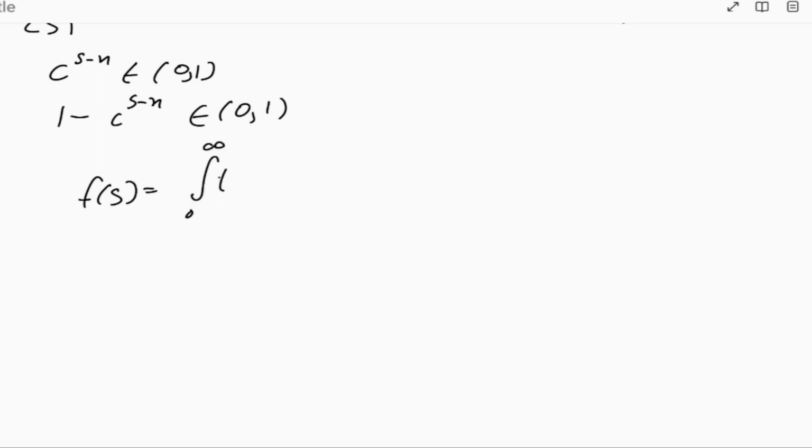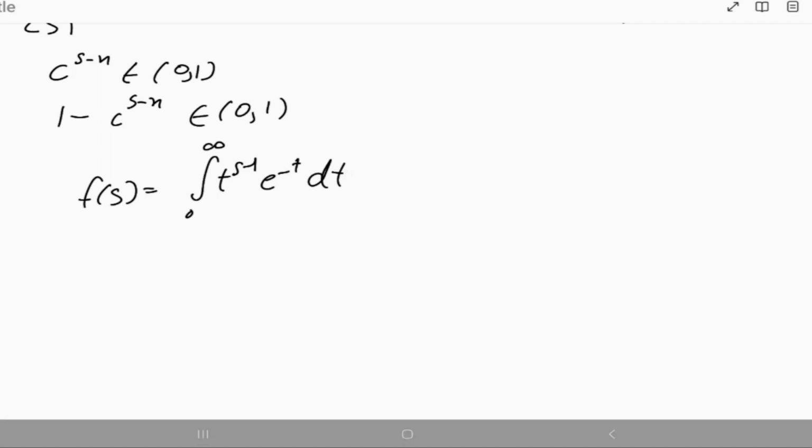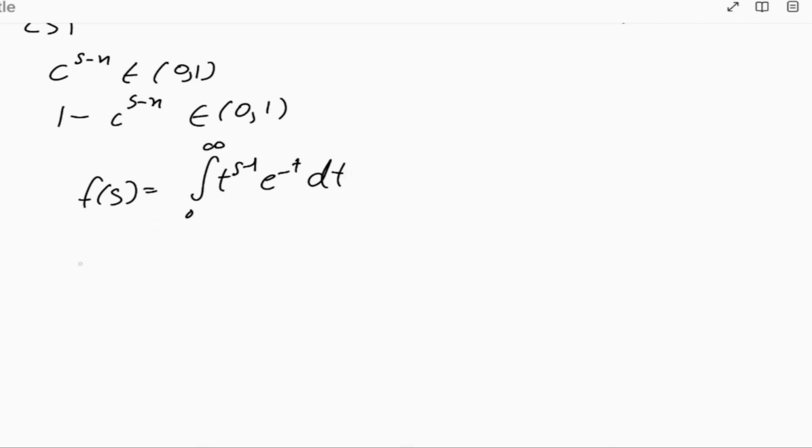0 to infinity t^(s minus 1) e minus t dt, and when I try to differentiate it with respect to s, this whole term is a function in only t, right?